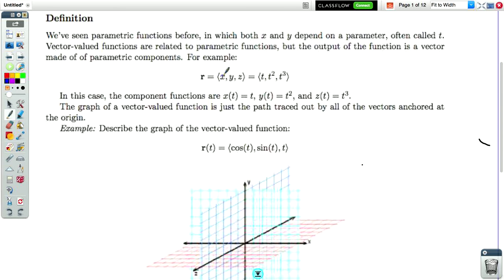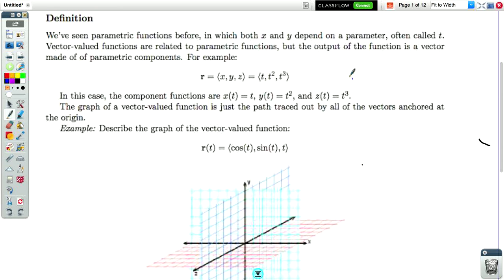And then r has three components, so this is a three-dimensional vector. R has a first component of x, a second component y, and a third component z. Now I'm defining those components as these three parametric functions. So our first component, x, in terms of t, is just t. Y, our second component, in terms of t, is t squared. And z, our third component, is t cubed.